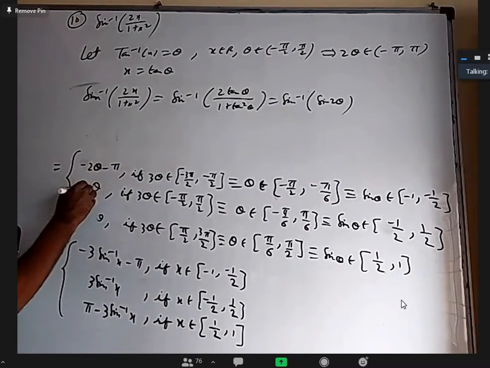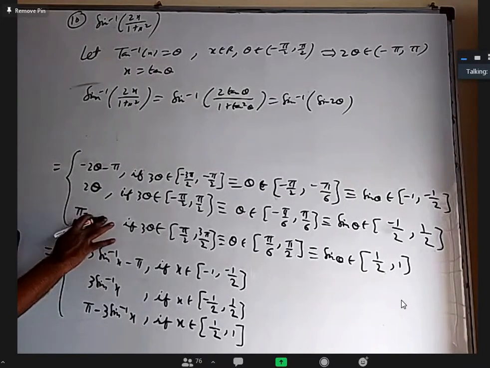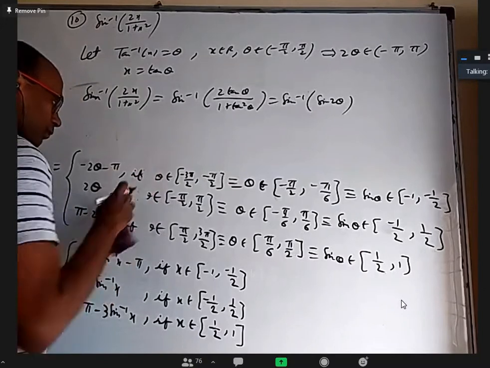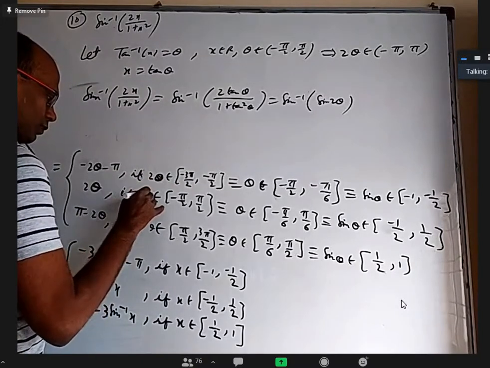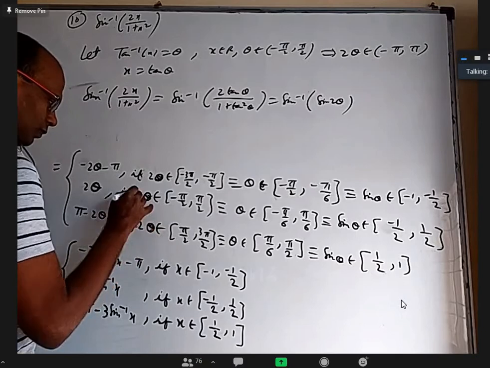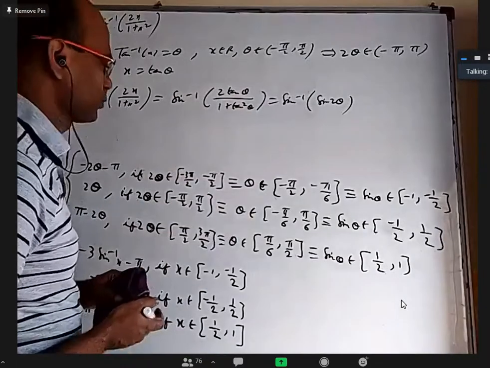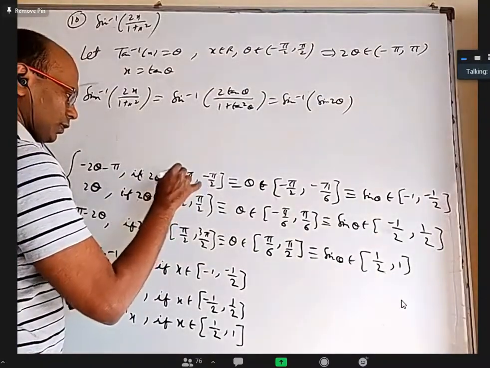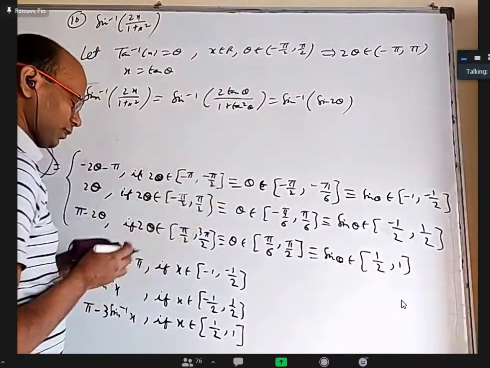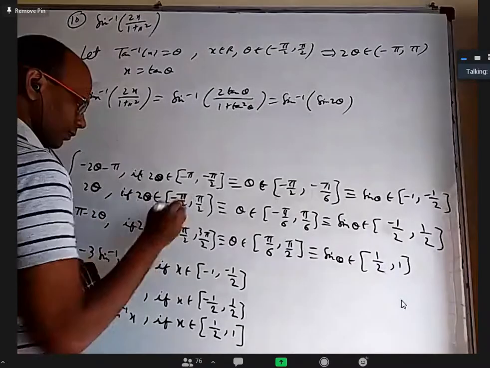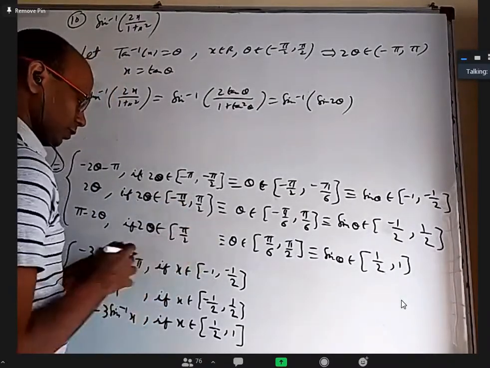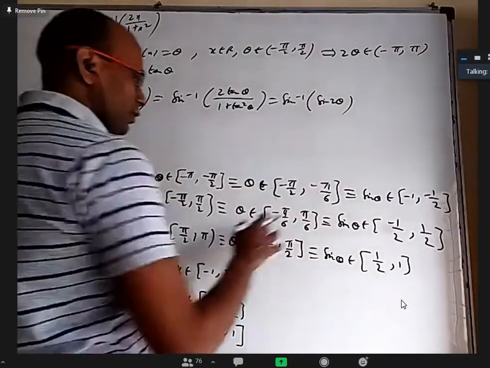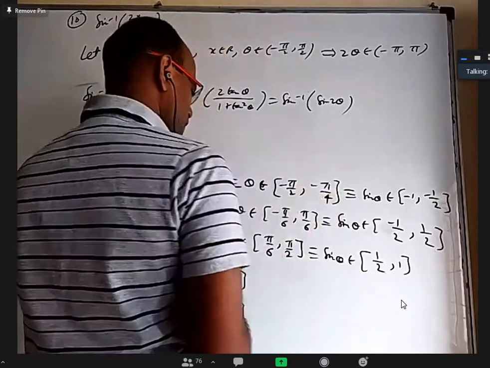Minus 2 theta minus pi, 2 theta, pi minus 2 theta. Between minus pi to pi open interval, so I have to take minus pi open here, minus pi by 2 closed. This is closed, this is pi open. Corresponding theta is between minus pi by 2 to minus pi by 4, with minus pi by 2 open.